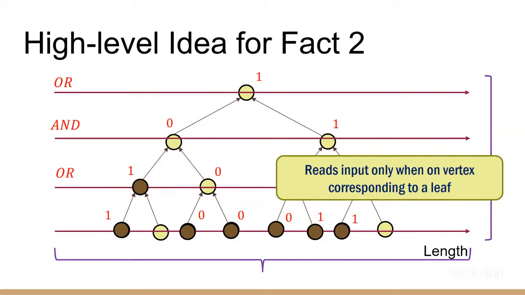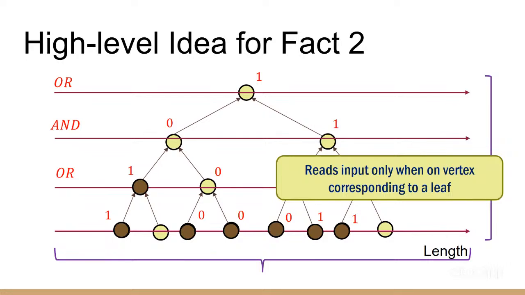If I'm in the second row, that means that I don't care about the next bit. If I'm in the third row, it means I don't care about the next bit, and so on. So there is only one node per layer that cares about the next input bit. It is 0 or 1, and based on whether it's 0, I'll transition to somewhere else. Based on 1, I'll transition to somewhere else.